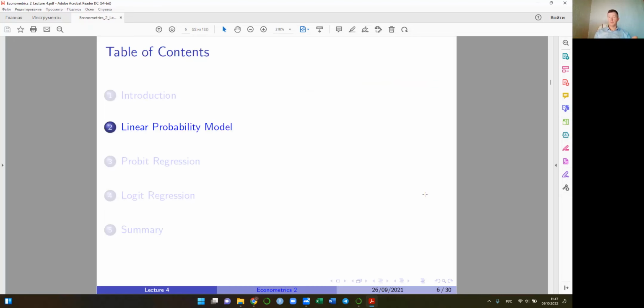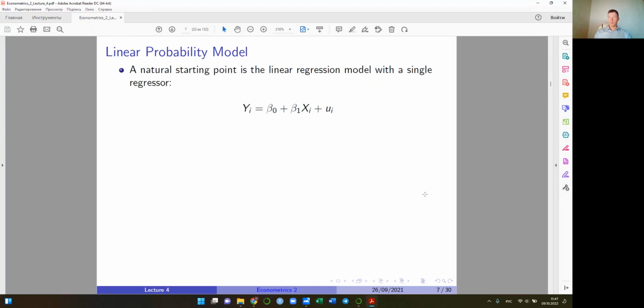Given this data, the most natural starting point for us is to apply what we already know, linear regression model with a single regressor. So we take this model and suppose that y is that binary dependent variable deny, and x is payment to income ratio, PI ratio.